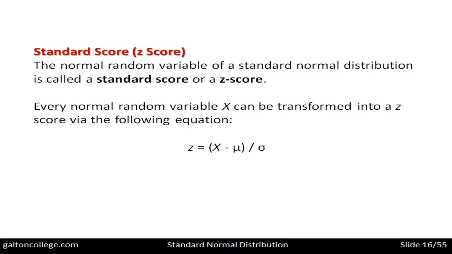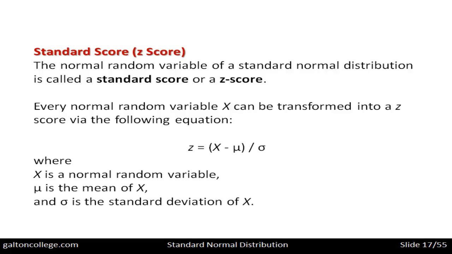So z is equal to x minus mu divided by sigma. So that's what the symbols mean. X is the normal random variable, and mu is the mean of x. It's the population mean, and sigma is the standard deviation of x.